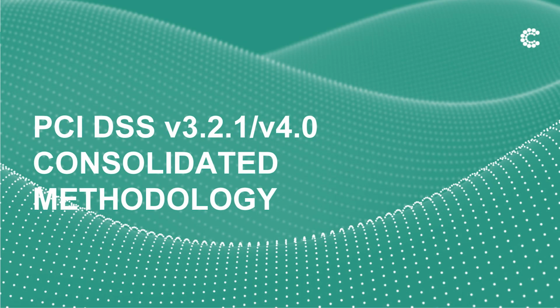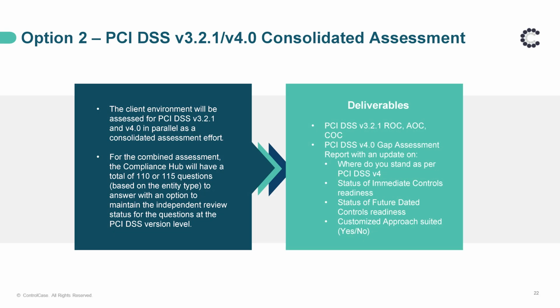Moving on to option 2, it says consolidated assessment or consolidated assessment methodology. So mainly for the organizations who want to save the effort of doing two different assessments, the option will support them to do a certification assessment against the older version, which is 3.1, and in tandem or in parallel, we can also do a gap assessment for version 4, and it will be done as part of the consolidated assessment effort.